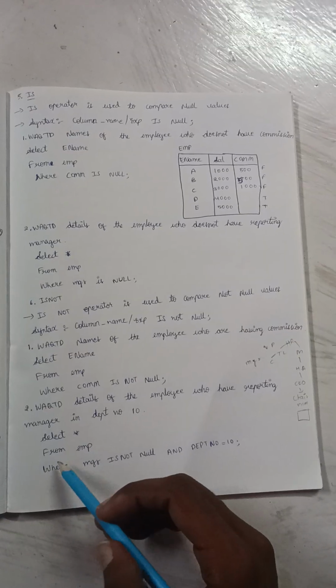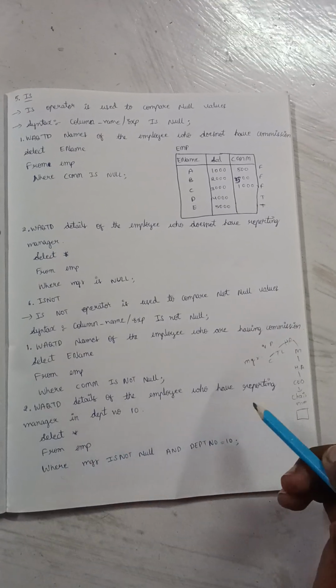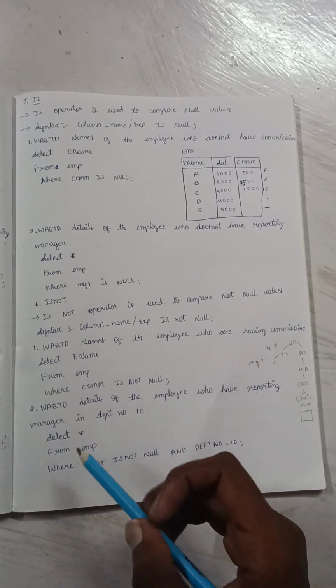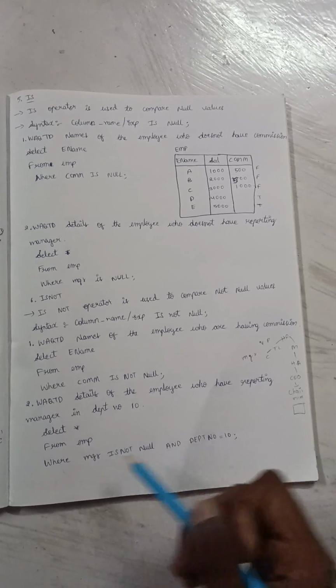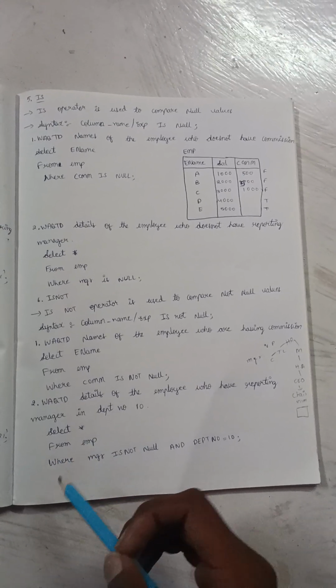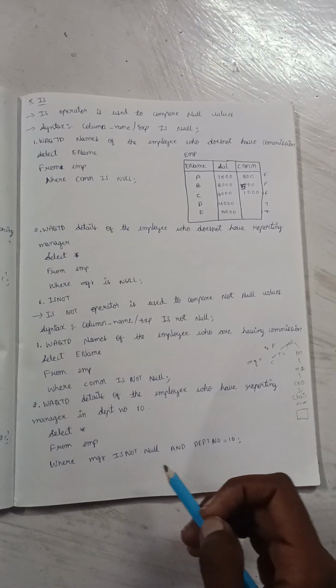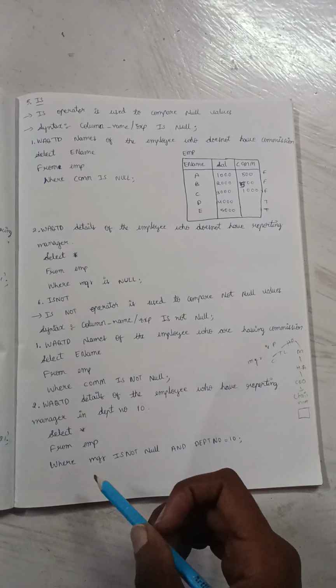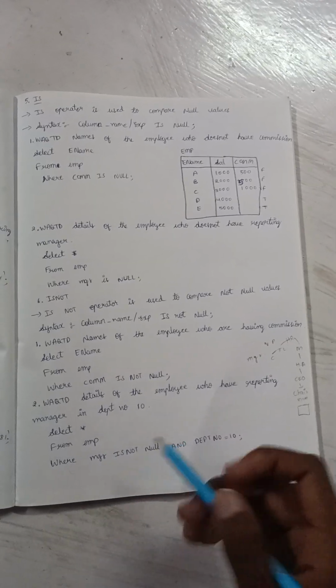So to display those who do not have a reporting manager, we display their details. SELECT * FROM emp WHERE mgr IS NOT NULL AND deptno = 10; so that we can display the details of the employees.